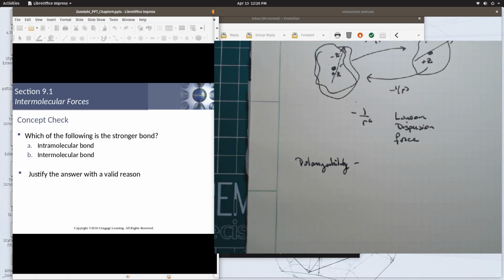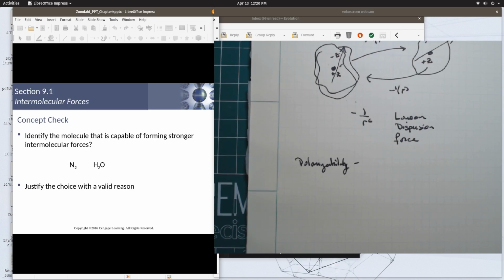Intermolecular bonds are very weak, 100 times weaker at least, because I don't have shared electrons, but I have these other kinds of forces. London dispersion forces being the weakest, dipole-dipole interactions, and maybe I have Coulomb forces, but I also have hydrogen bonding forces that can go into the mix. And all of those contribute to the net intermolecular interaction in a condensed system.